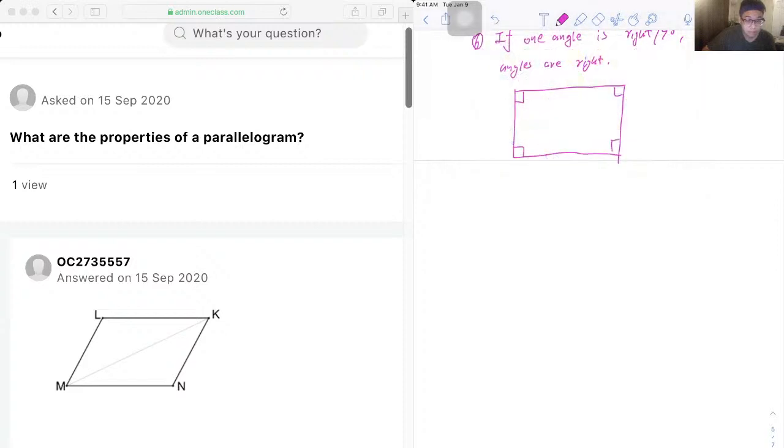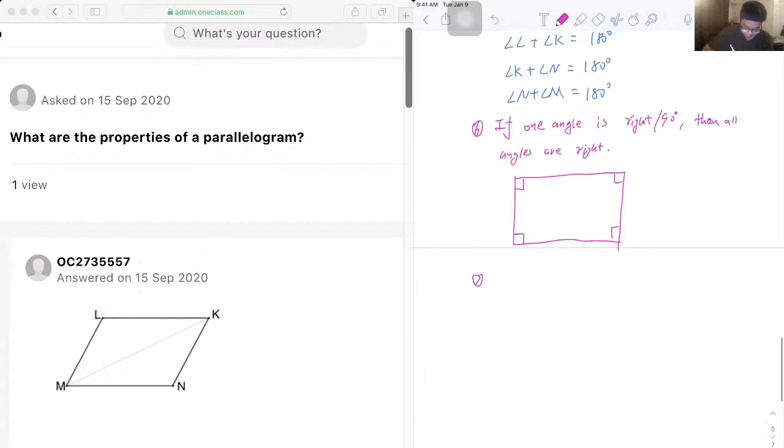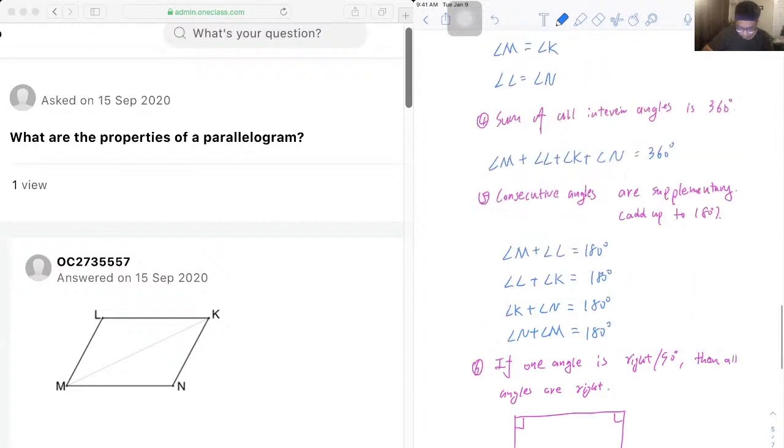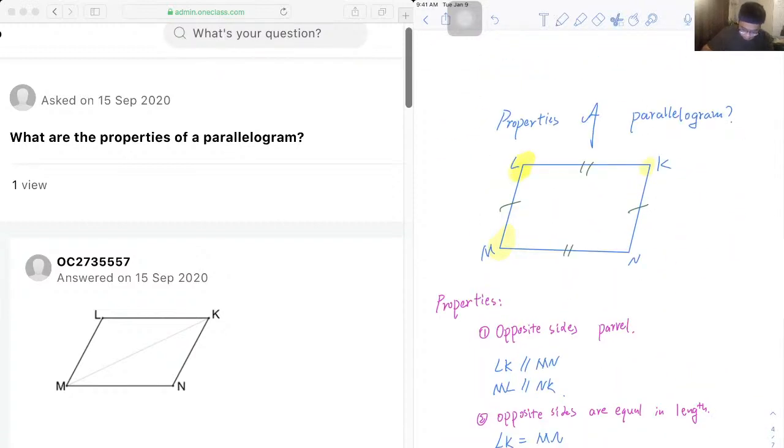Oh, and next, I think that is our final property: the diagonals of a parallelogram bisect each other. So let's just use the graph we have here.